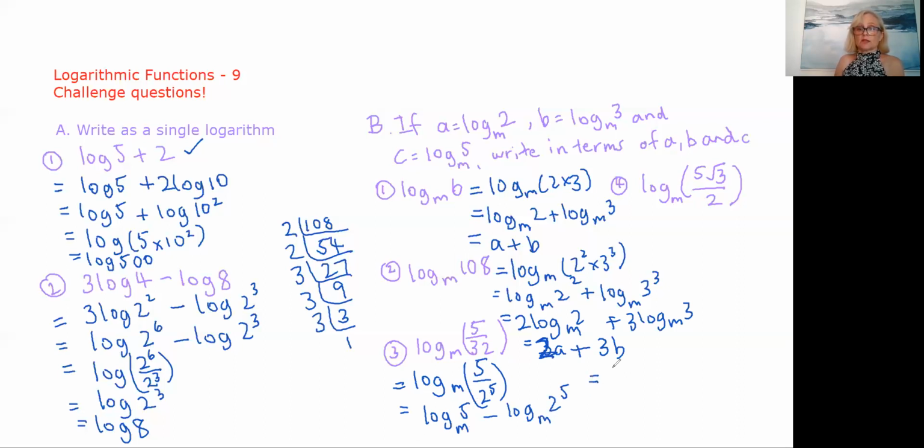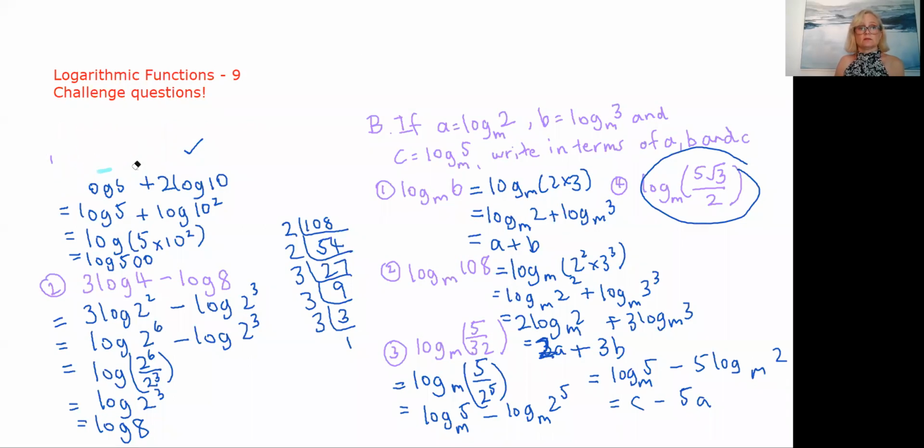So that's log of 5 to base m minus, we can bring this out as a multiplier. So we just end up with C minus 5A. This one here, I'm just going to clear a bit of space so we can do this over here. Bear with me.